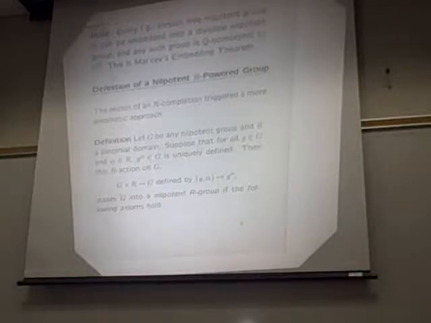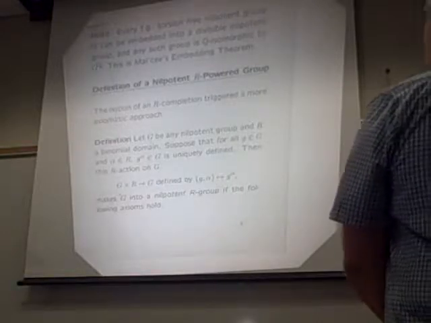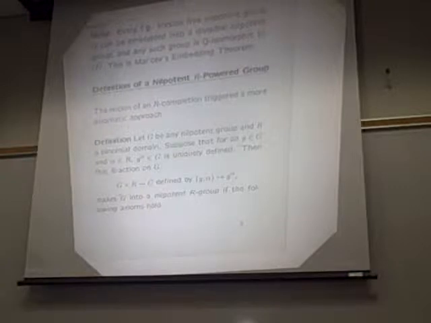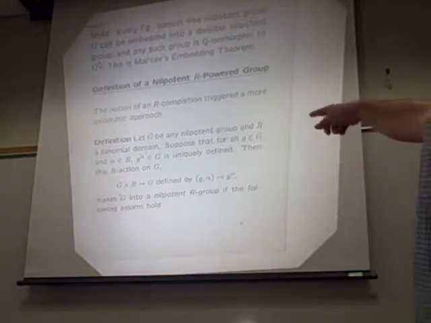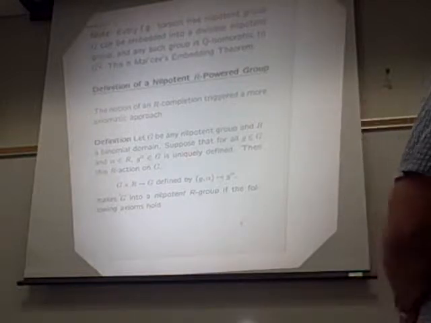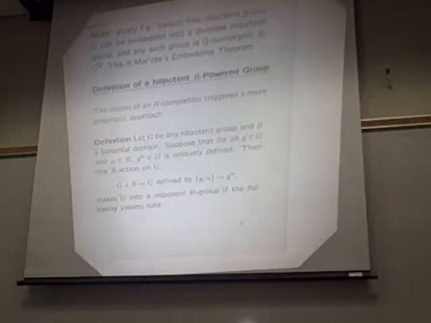And suppose that for every element in the group and alpha in R, we have a uniquely defined element which will be denoted G exponentiated alpha. I'll just say G to the alpha, as we do in undergrad school. So this R action, which gives us (G, alpha) to be G to the alpha, makes G into what's known as a nilpotent R group, or as I'll usually call it, an R power group, if the following axioms hold. And you'll notice number 3 in particular.